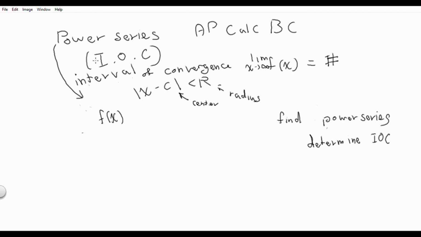But we're going to be concentrating on I.O.C, the very first thing. So I'll just quickly go over finding the power series out of f of x. What we're given is 1 over 1 plus x. And the basic formula that connects the power series and f of x will be a over 1 minus r, where a is the first term and r is the common ratio.